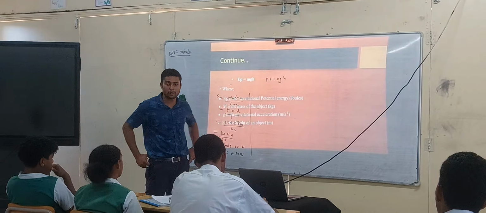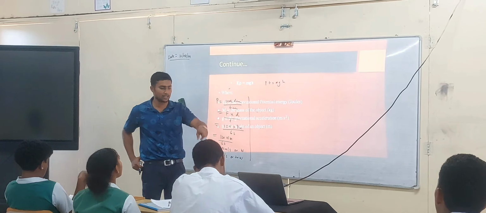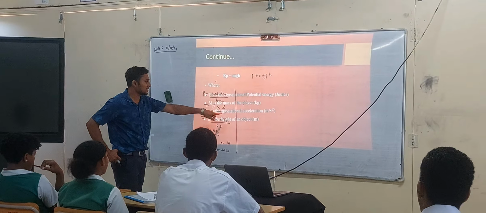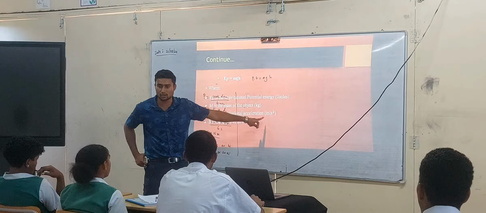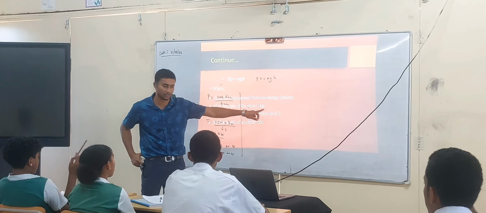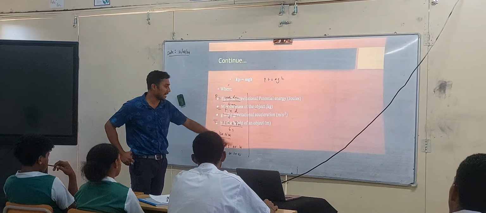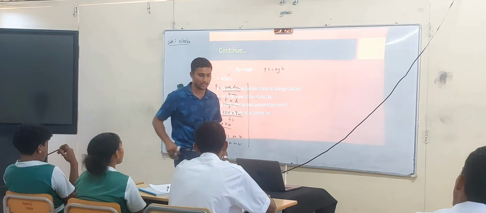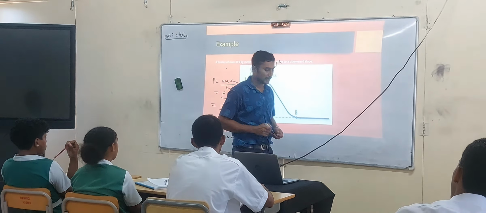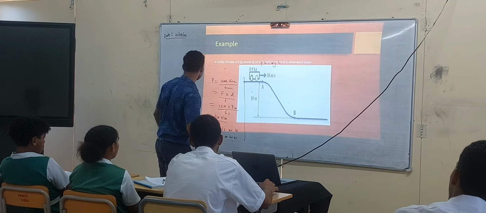M is the mass of the object, in kg. G is the gravitational acceleration, and H is the height, in meters. Okay, let's look into this example.